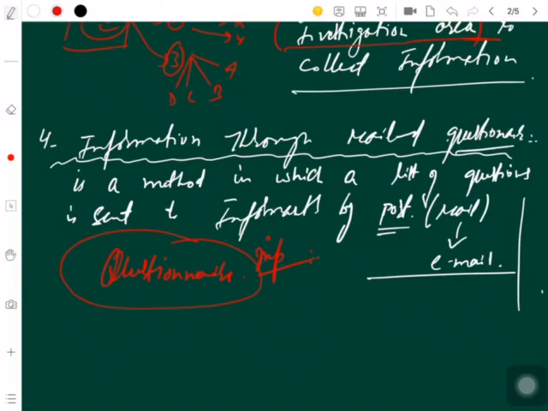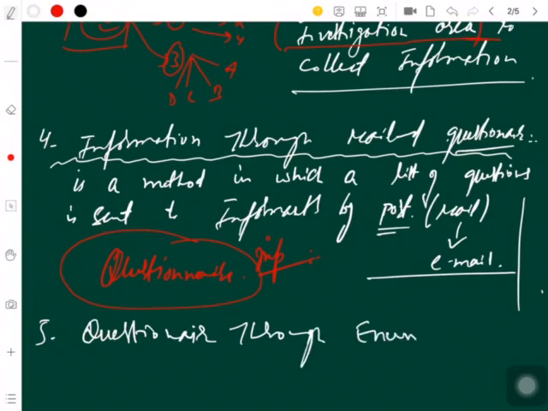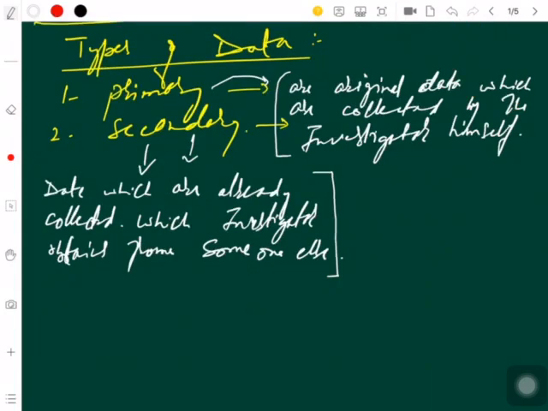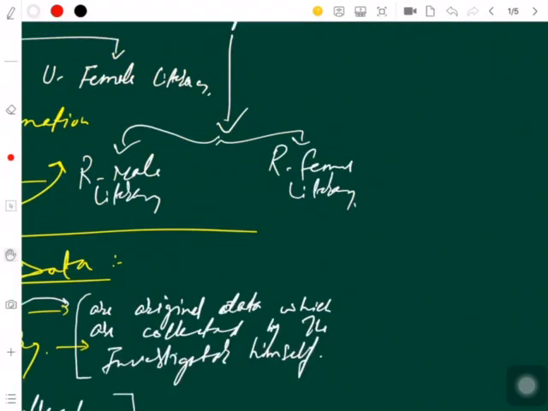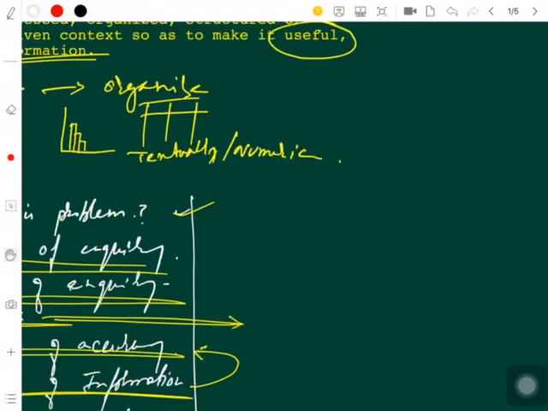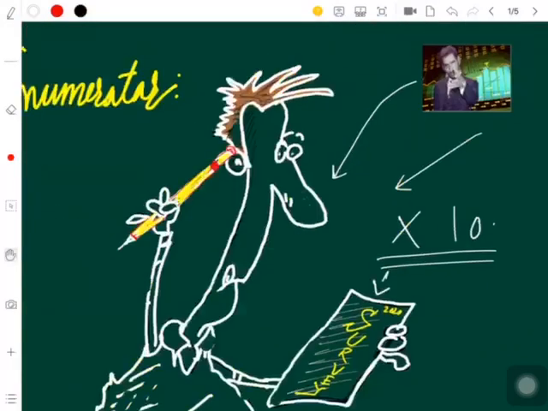The fifth method is, let us take the fifth method first, then we may come to the questionnaire itself. Questionnaire through enumerator. Now we know what I am talking about when I say enumerator. You know Mr. Enumerator of ours? Do you remember him? No, he is here.